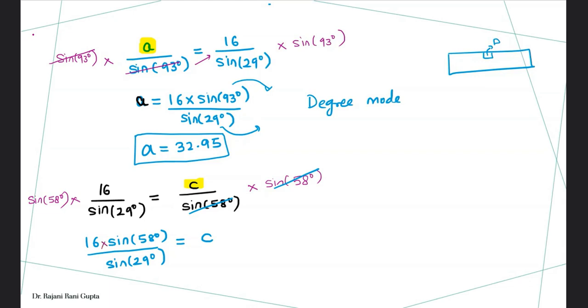In some calculators it works simply when you write 16 sine 58 degrees, but in some calculators you have to put the multiplication sign in between. Working in the same way, you get the value of c using the calculator as 27.98. So this is how you solve the triangle by finding the missing angles and the lengths of the missing sides.